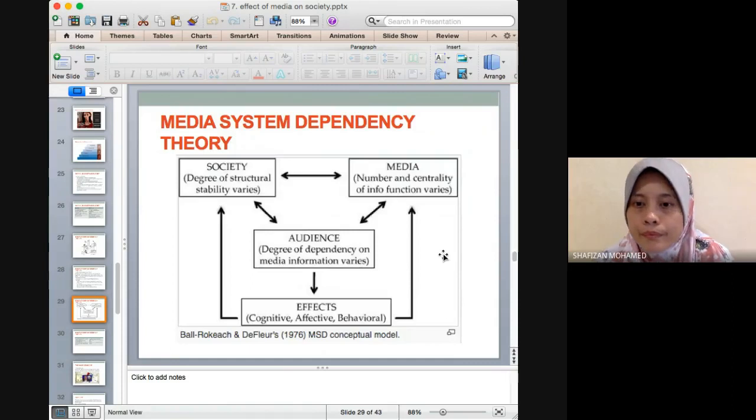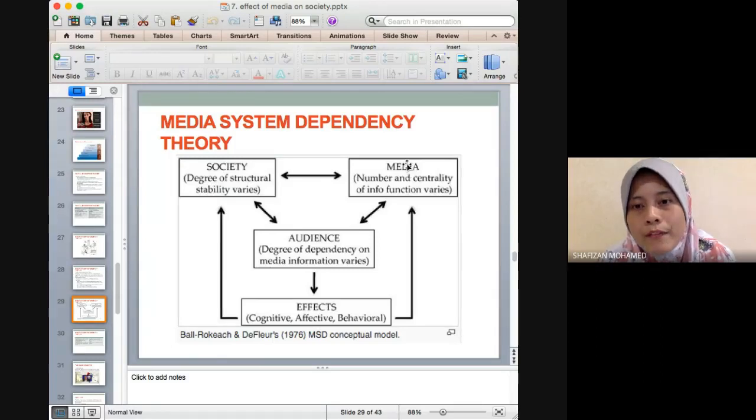So how dependent is a person, how dependent is a society on the media? It depends on the society and it depends on the media. It's not the media alone.